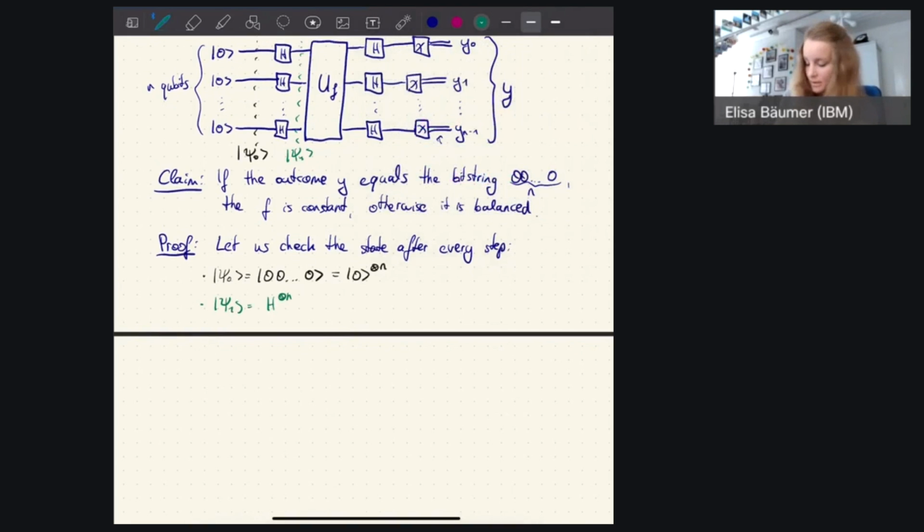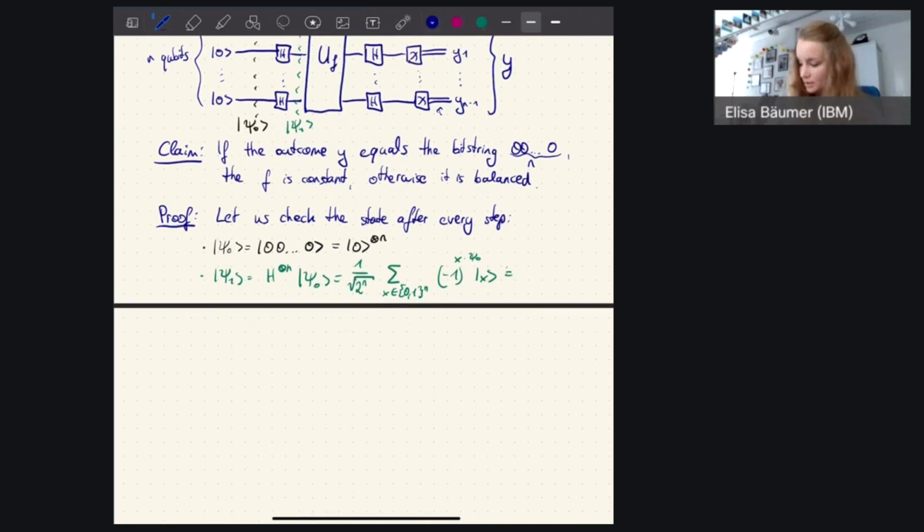So we have Hadamard to the power n applied to our state psi 0. We get the normalization factor of 1 over square root of 2 to the power n, and the sum over all 2 to the n bit strings x, minus 1 to the power x times psi 0, ket x.